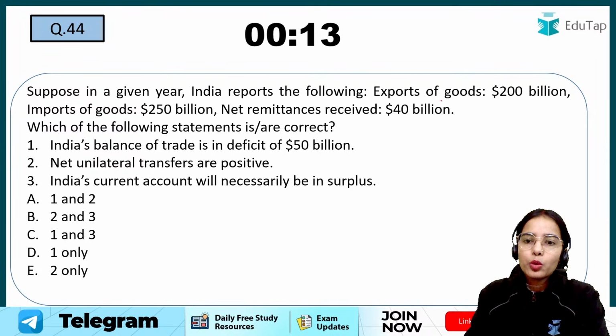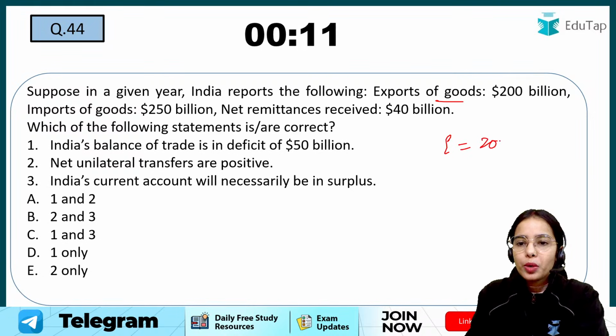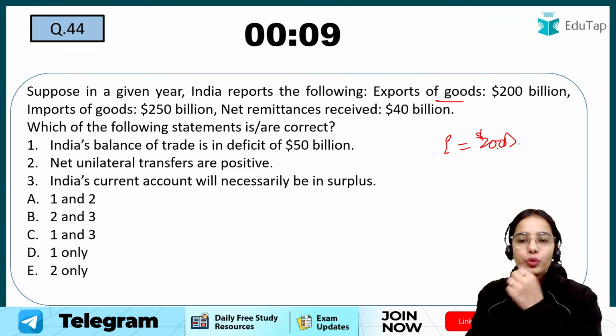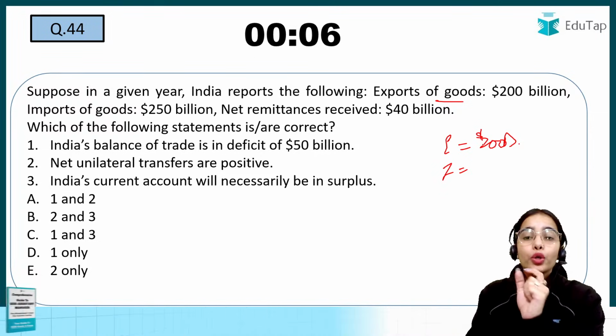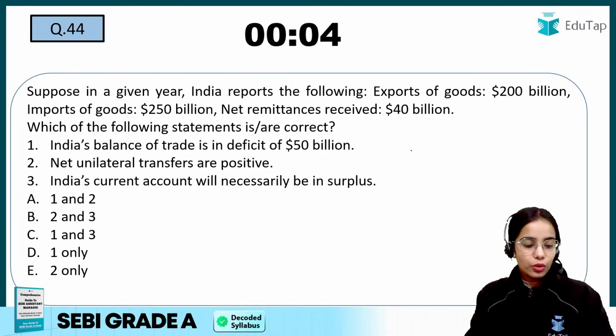Now try to answer this question. Basically, export of goods is $200 billion. We have done exports of $200 billion, but the imports are $250 billion.